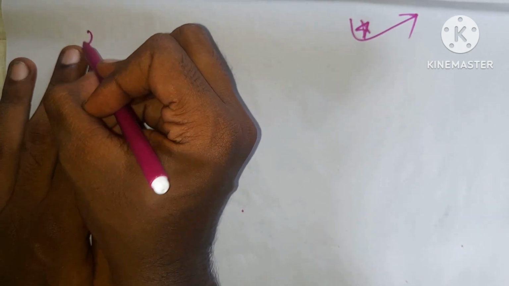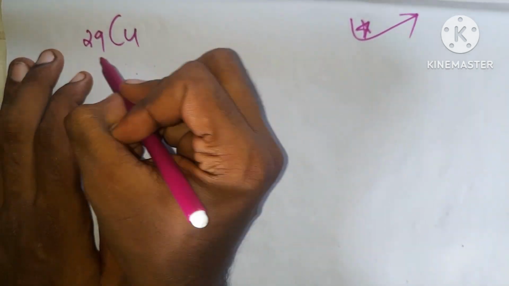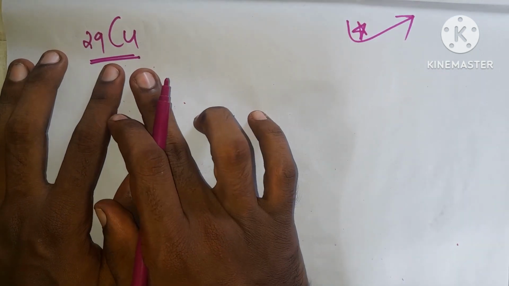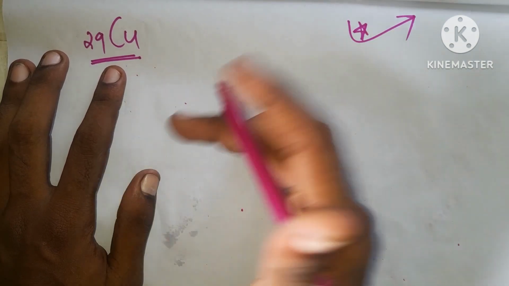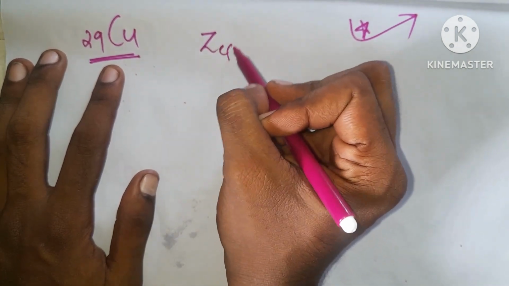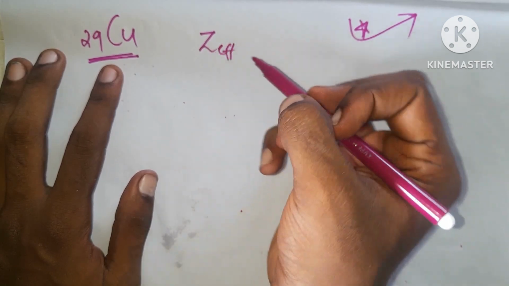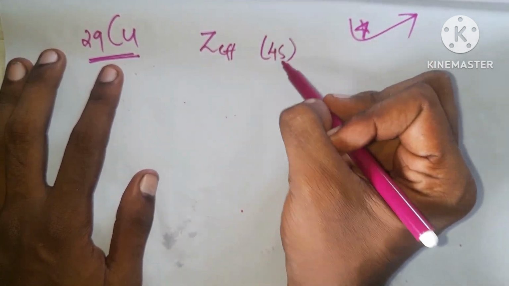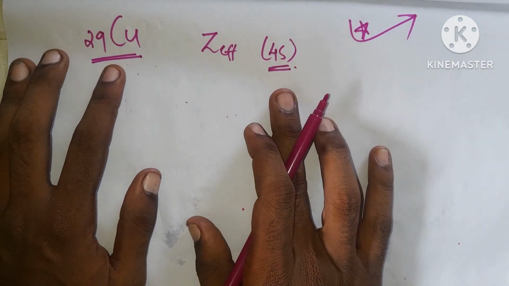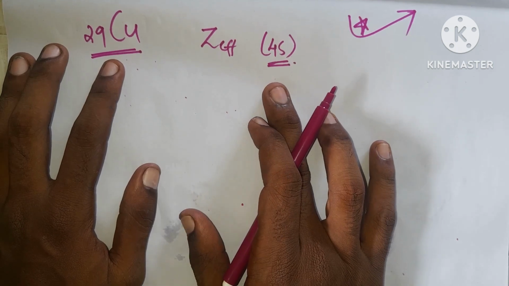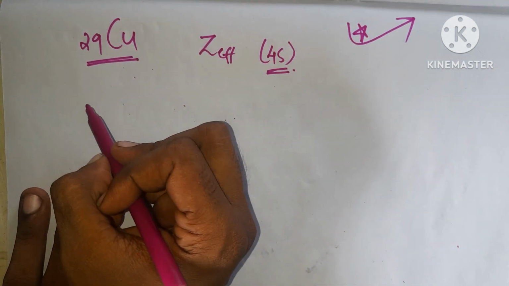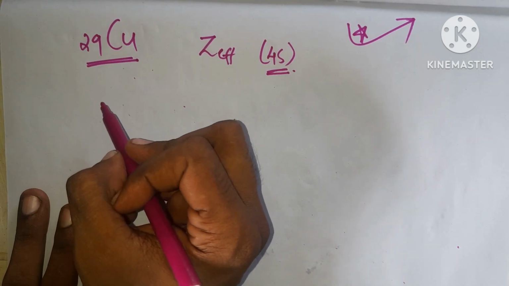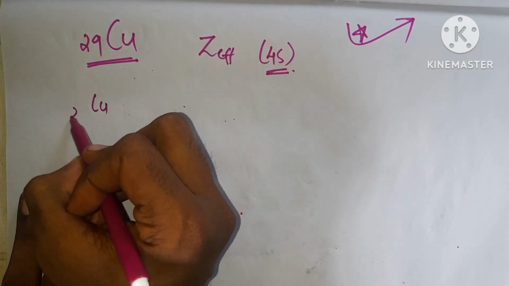Here, the first example is atomic number 29, that is copper. For this particular atom, calculate the Z effective for the electron present in the 4s orbital. First we need to write the electronic configuration for copper.